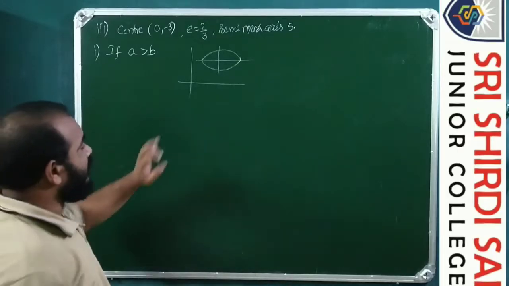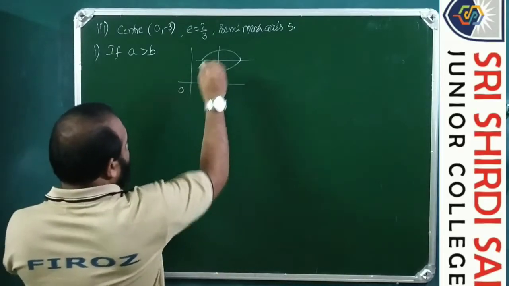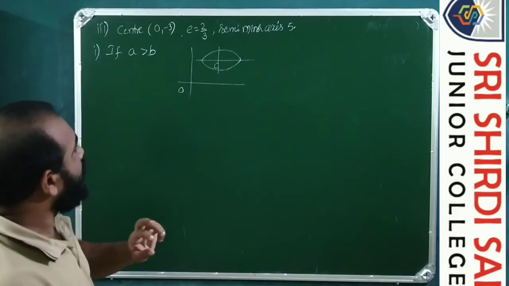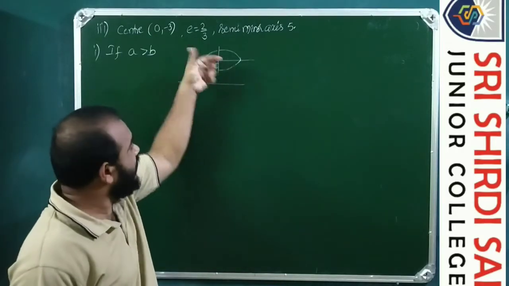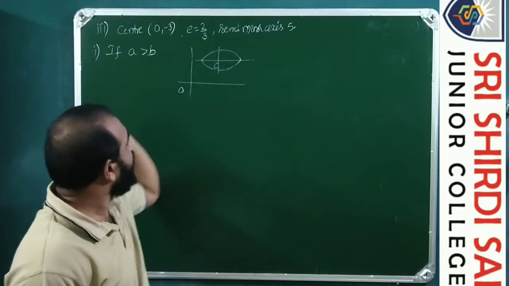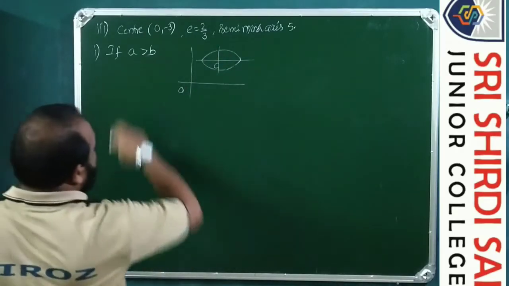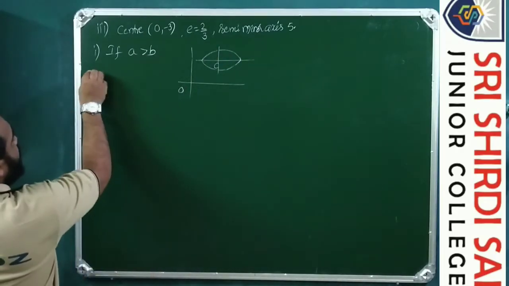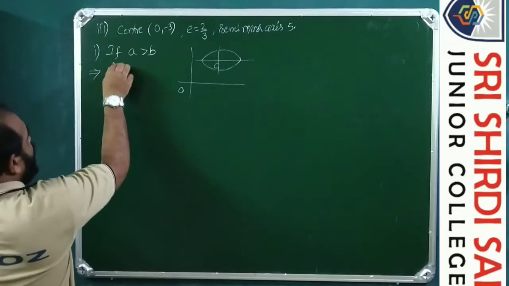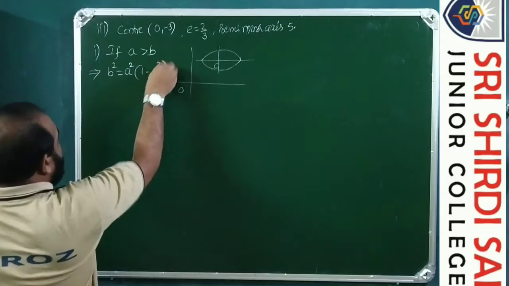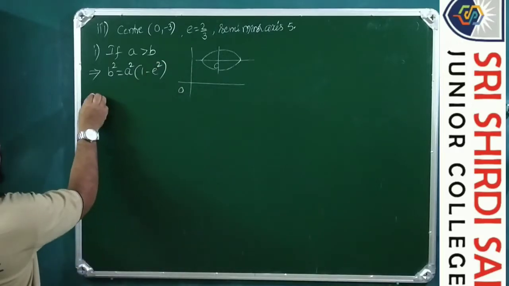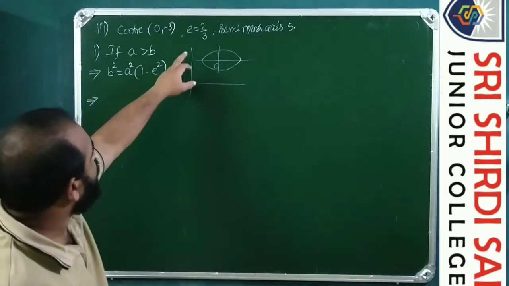A greater than B, this is origin and this is C now. So here A greater than B, this is the major axis and this is the minor axis. So if A is greater than B, then the condition is B square equals A square into (1 minus E square).